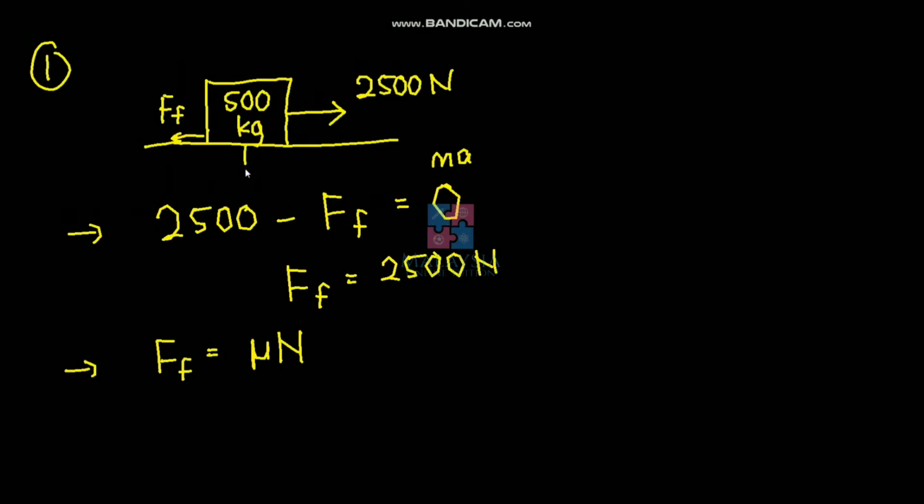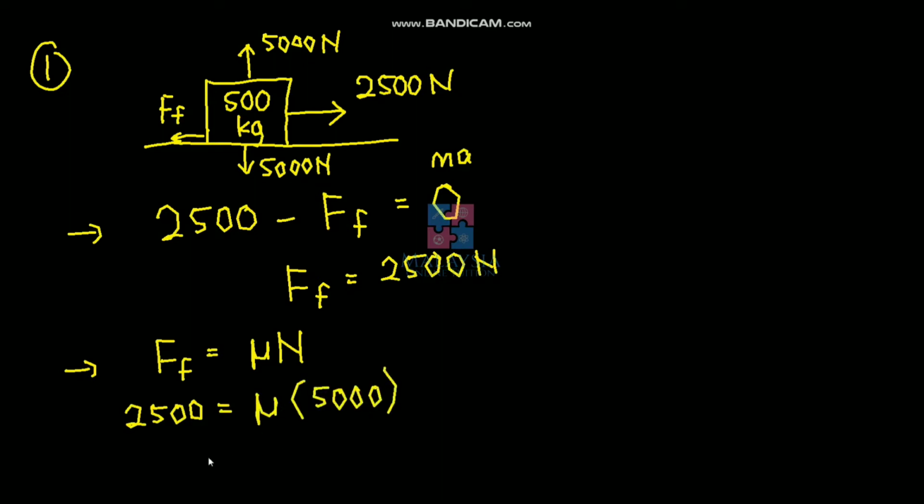The force acting downwards is 5000 Newton, and so the normal force or reaction force will also be 5000 Newton. Since our friction force is 2500 and our normal force is 5000, finally, our coefficient of friction of the ground is 0.5, and that's all for question number 1.